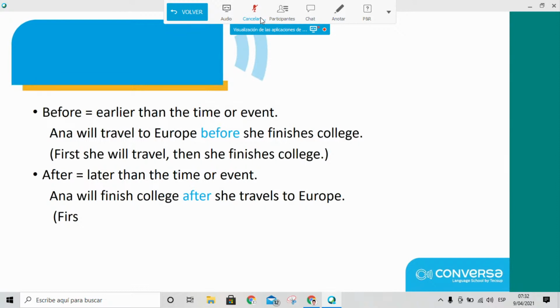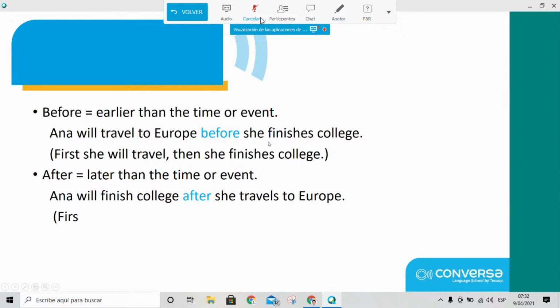But notice the order of events. When you use before, the first event is at the beginning. When you use after, the first event is second. No?